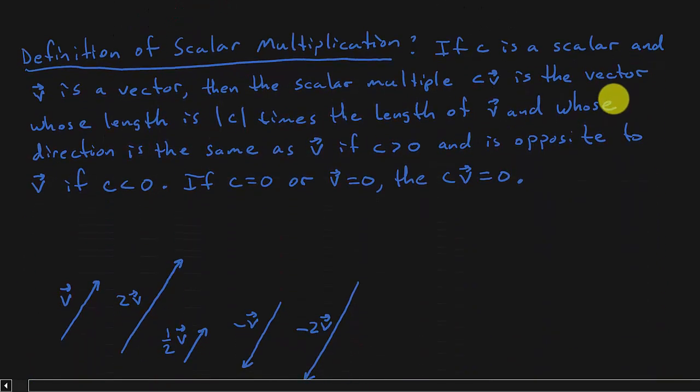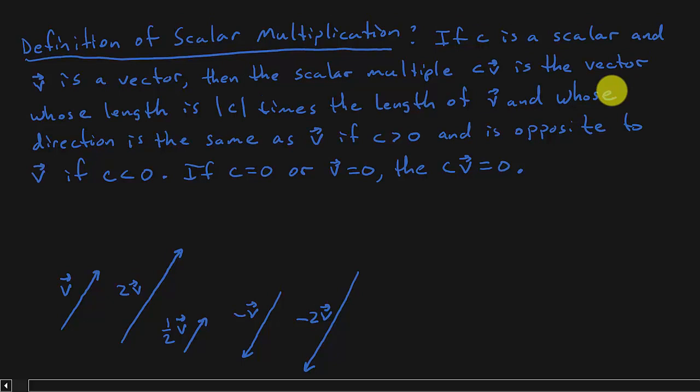All right, so let's look at this definition of scalar multiplication. If C is a scalar and V is a vector, then the scalar multiple C times vector V is the vector whose length is C times the length of vector V, and whose direction is the same as V if C is positive, and is opposite to V if C is negative.